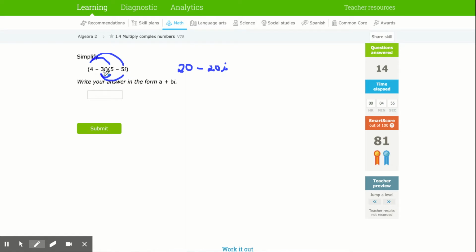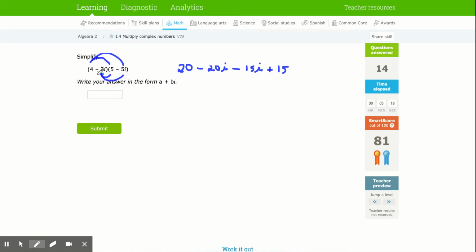The 3i times the 5, and it's a -3i, will be a -15i. And then the -3 times the -5 will be a positive 15. But then there's that i times the i. So maybe I should do this so you can follow.